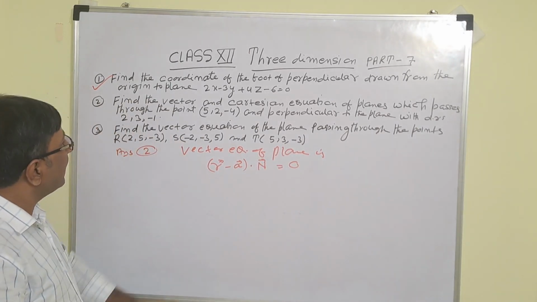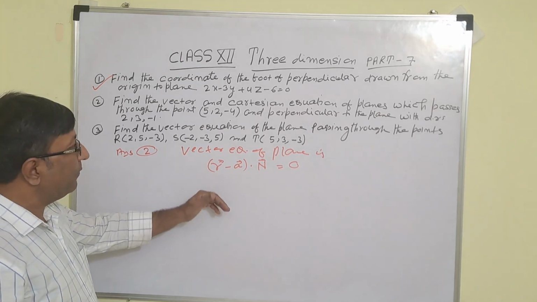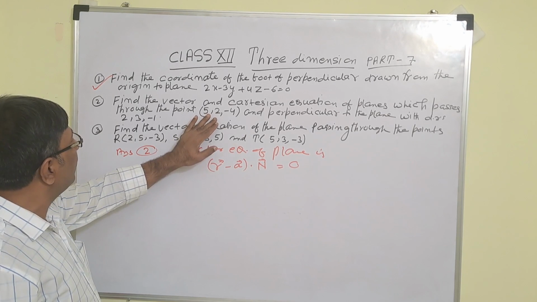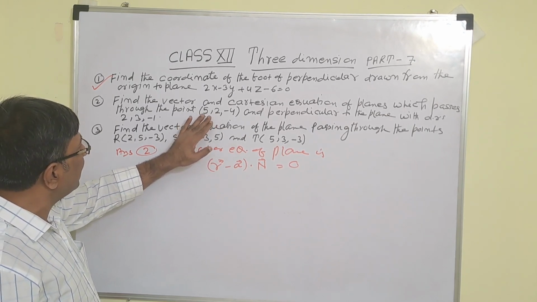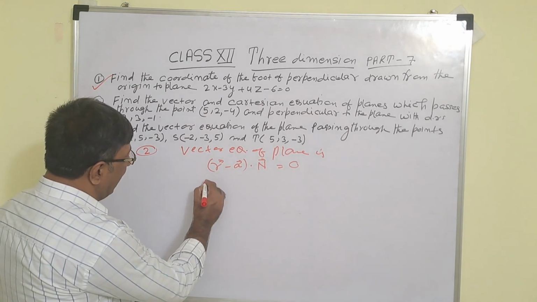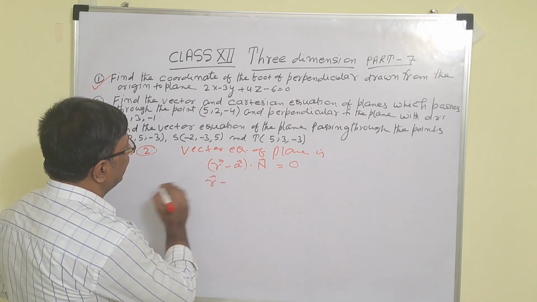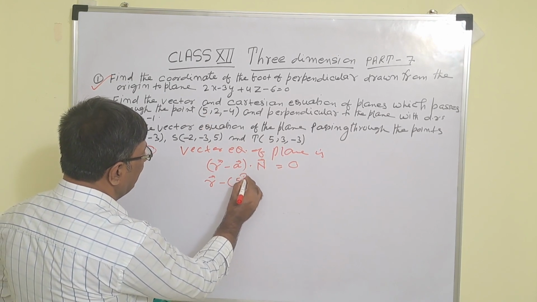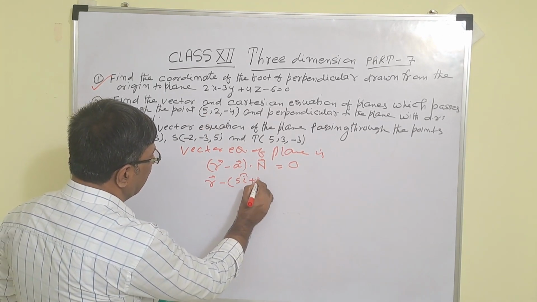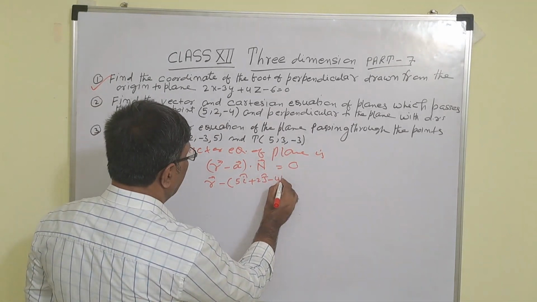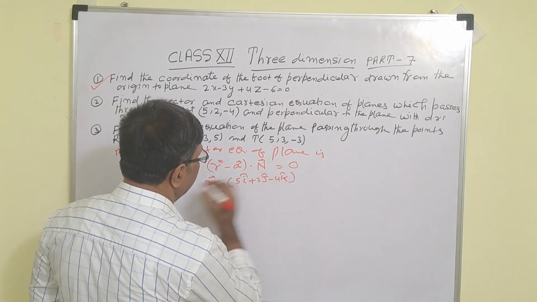So what is the r vector? r vector is the position vector of a general point. And here 5, 2, -4 is the position vector of the given point, that is the a vector. So this will be r vector minus (5i unit vector plus 2j unit vector minus 4k unit vector), right?